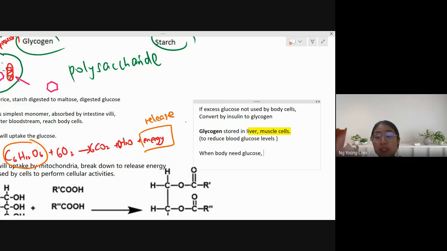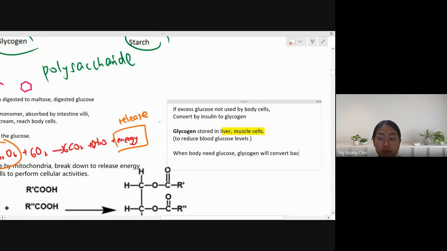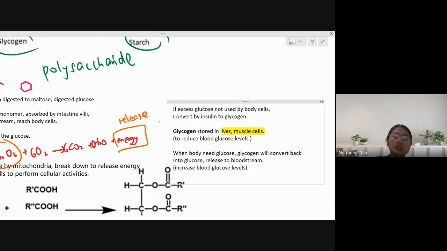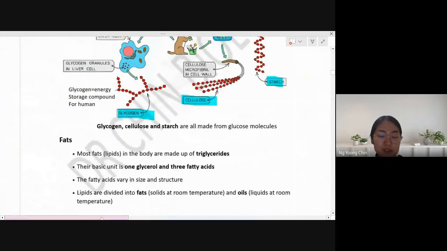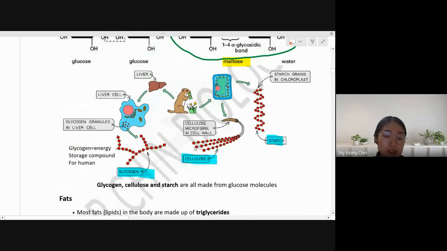When the body requires glucose input, the glycogen will convert back into glucose and release into the bloodstream. So this will cause the blood glucose level to increase. I hope you understand this concept. You need to understand the concept first, so you feel that you are not memorizing. So this is the reason why the glycogen appears in this way.